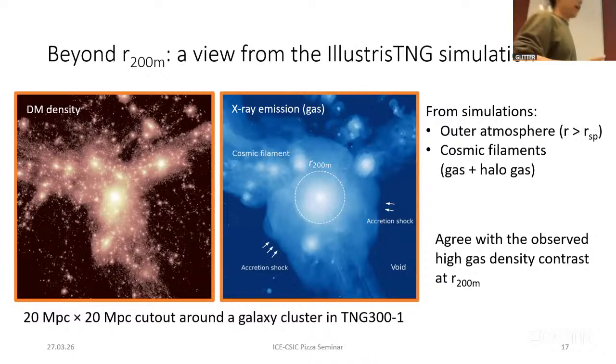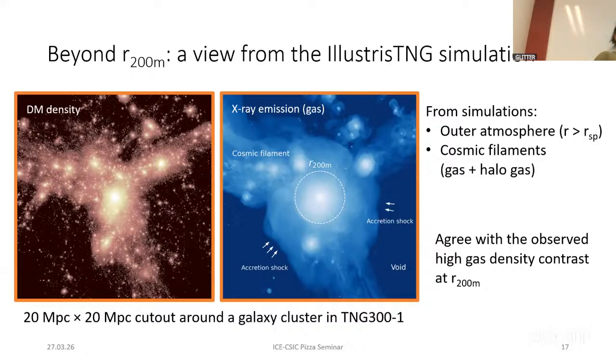Now we would like to understand what's going on in those regions, so we take the IllustrisTNG simulation to help us understand the stacked signal. And it doesn't matter whether it is IllustrisTNG or another simulation, it gives us a similar conclusion about the outer picture. So let's just focus on the simulation data set we used.